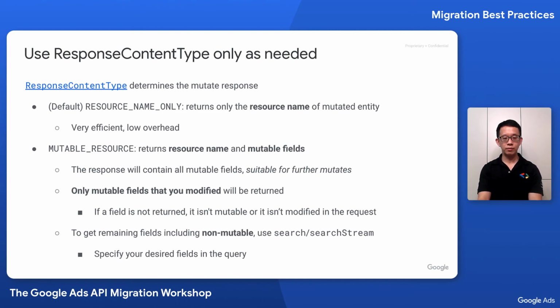However, only mutable fields that you modified will be returned. So if a field is not returned, it is because that field is not mutable or that field isn't modified in your previous request. To get the remaining fields, including non-mutable fields, issue a search or search stream request and specify your desired fields in the query.